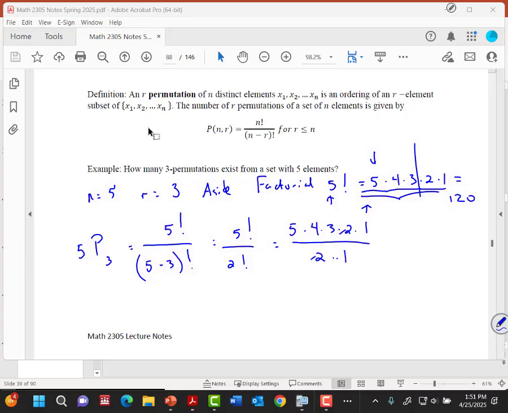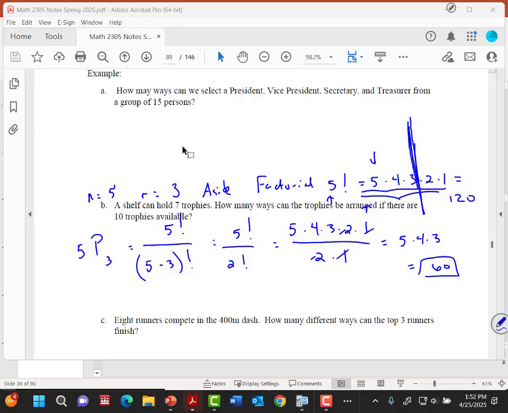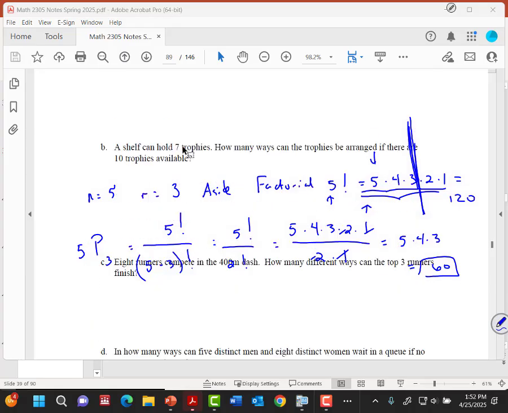And I notice the 2's and the 1's cancel, and so I'm simply left with 5 times 4 times 3. This would be 60. And so what this R permutation does is it allows me to cut off the factorial at a specified mark. Okay, let's do several examples.